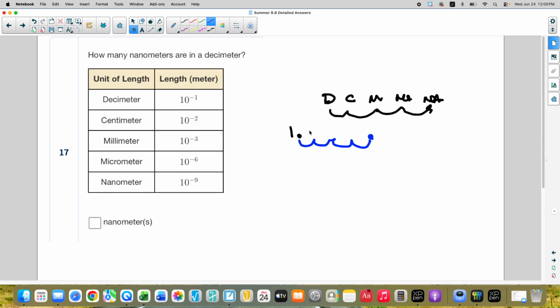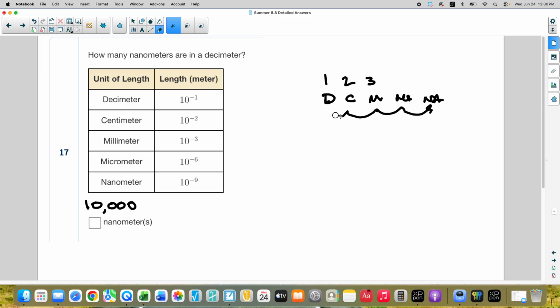Add the zeros in there, 1, 2, 3, 4 zeros. So there are 10,000 nanometers in 1 decimeter. That is not the case, because it's not 1, this is 9. Sorry. Micro is actually 6 units away, sorry.